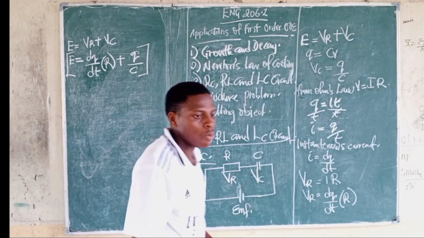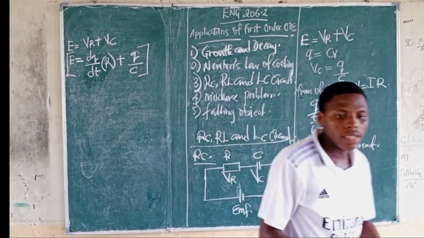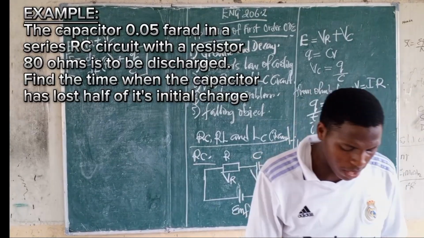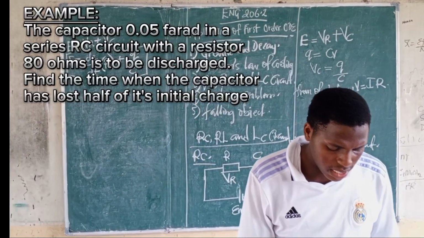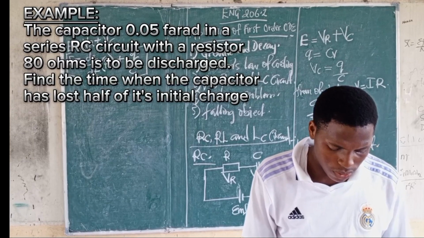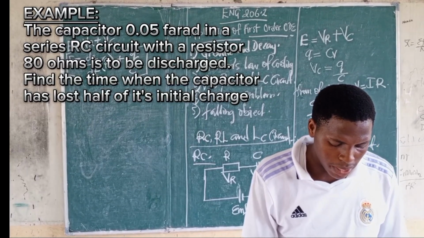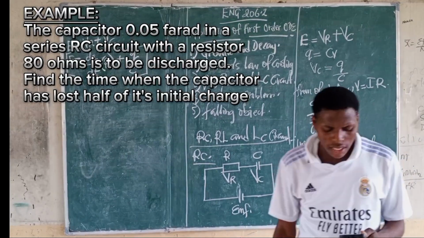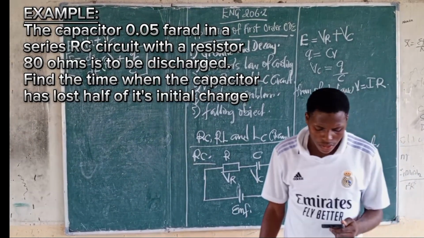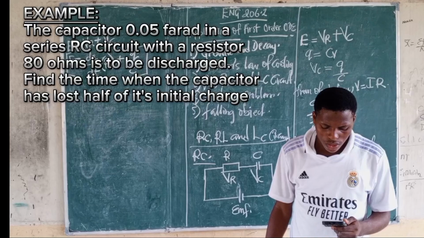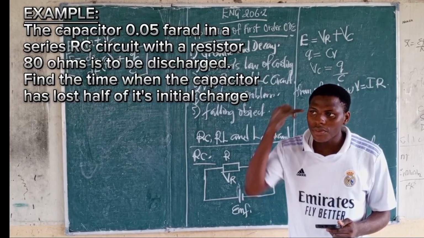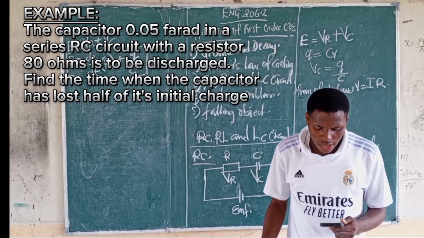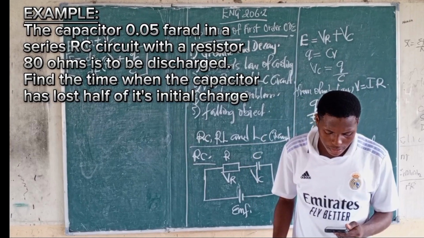Now let's take some examples for more clarification. Take this down. The capacitor 0.05 farad in a series RC circuit with a resistor 80 ohms is to be discharged.